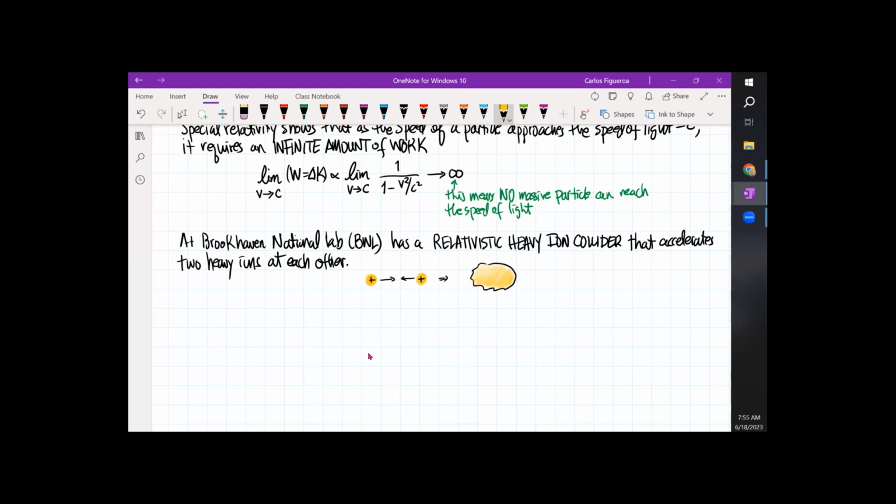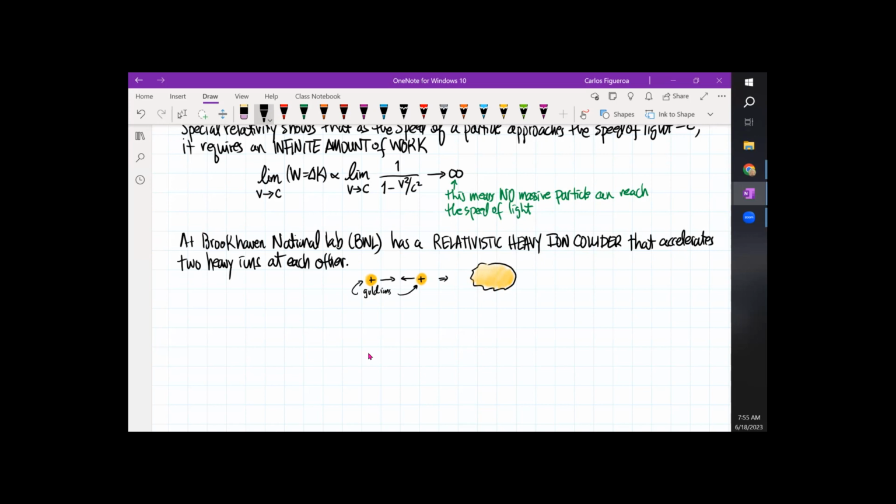Okay, so these are gold atoms or gold ions. And when they collide with each other, man, their temperatures are crazy.